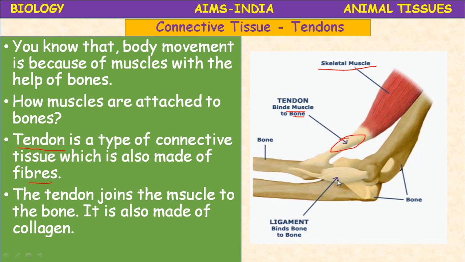Here, this is the ligament which binds bone to bone. Ligaments and tendons, these two are connective tissue. Ligament binds one bone to another bone, whereas tendon binds muscles to the bones.